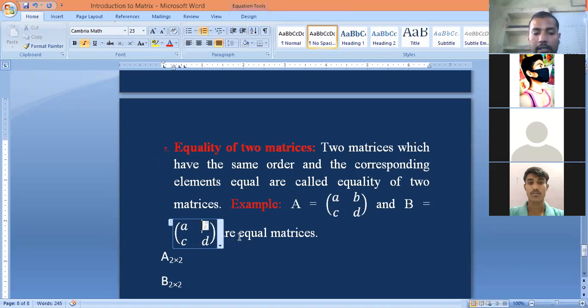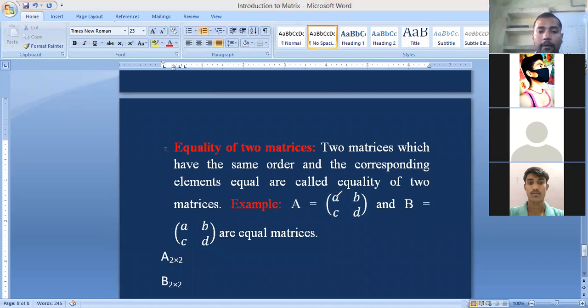If the corresponding elements match each other, like here A matches A, B matches B, C matches C, and D matches D, and if their orders are also equal, then such matrices are considered as equal matrices.